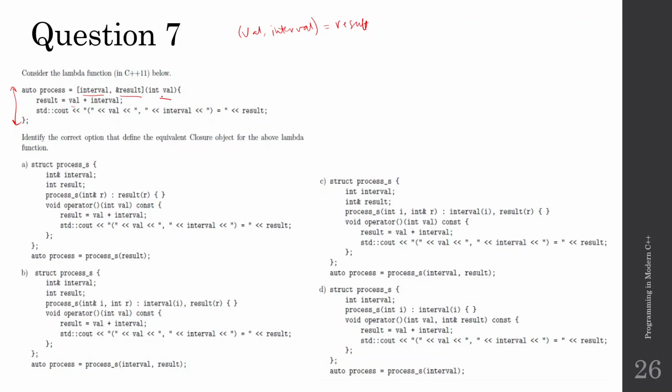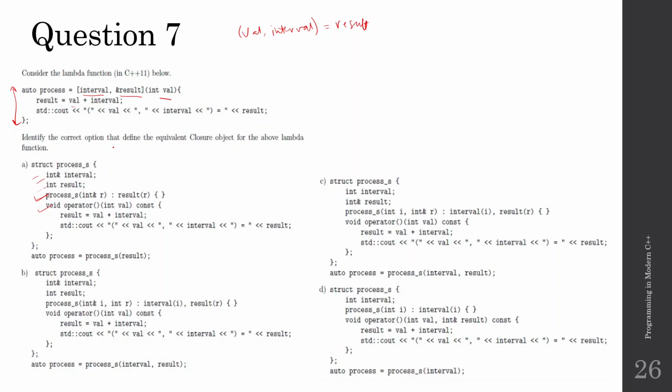In all of these structs, we have some data members, a constructor, and then we are overriding the call operator. This turns the class into a functor object.